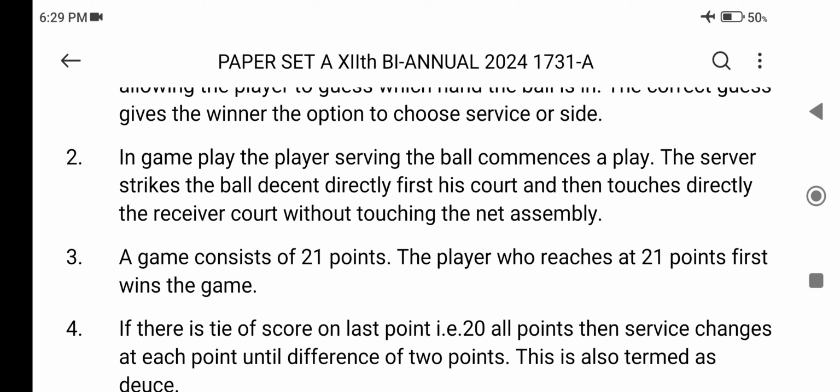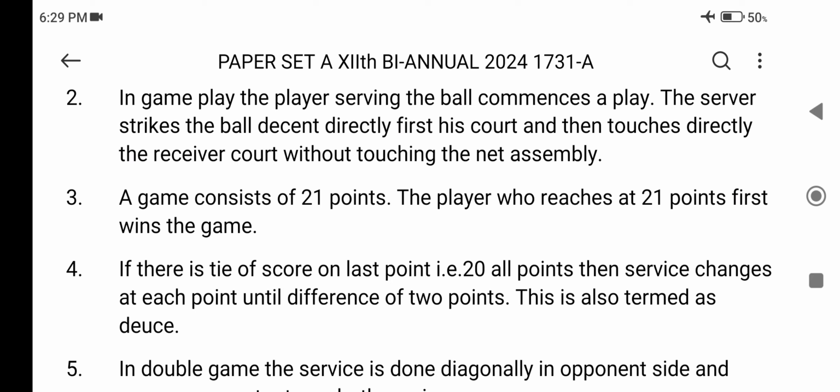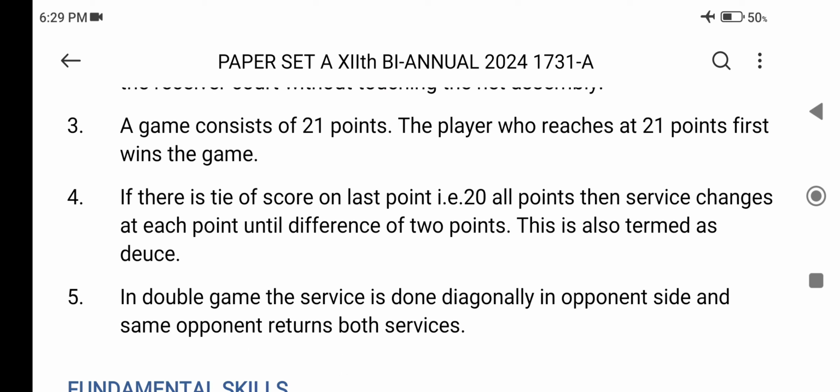2. In gameplay, the player serving the ball commences a play. The server strikes the ball so that it touches first his court and then directly touches the receiver's court without touching the net assembly. 3. A game consists of 21 points. The player who reaches 21 points first wins the game. 4.